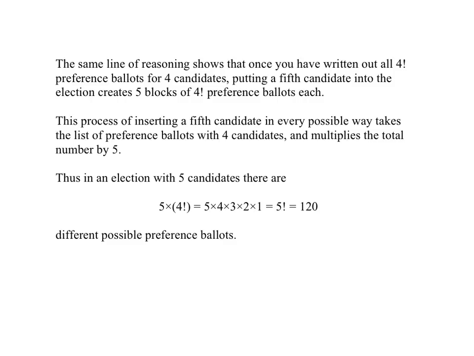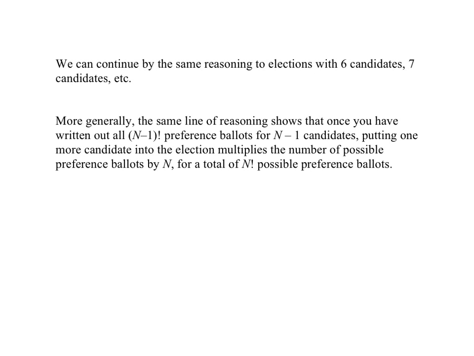So we have a process of reasoning that explains why it makes sense that there are 5 factorial different preference ballots possible when we have 5 candidates. By continuing to use the same reasoning, we can go on to 6 candidates, 7 candidates, any number of candidates. And any number of candidates is what we mean by n candidates.